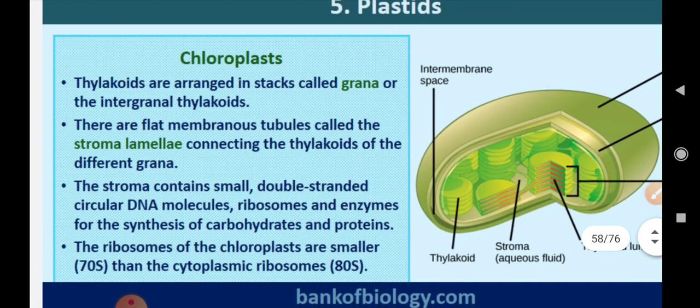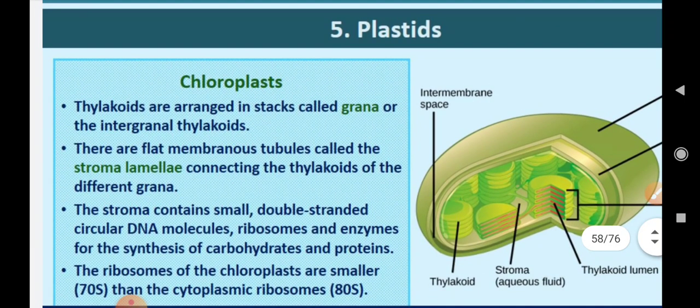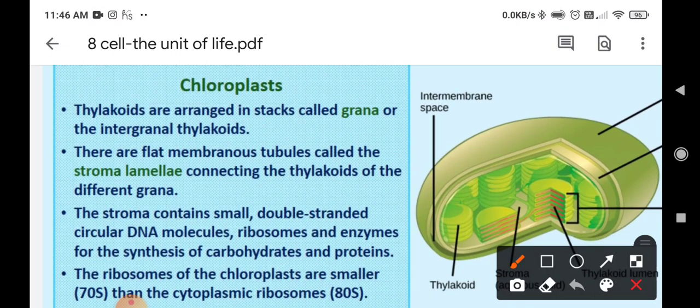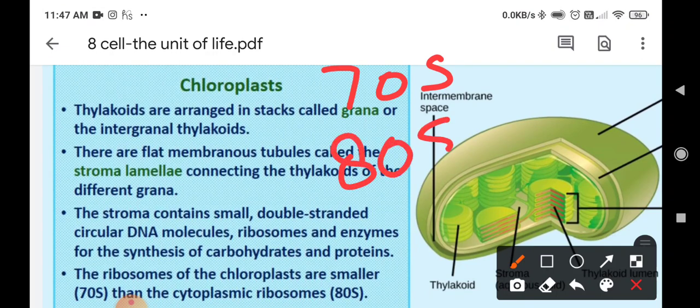The most important thing is ribosomes. Ribosomes are 70S type. Just remember that the chloroplast contains ribosomes which are 70S type, but in the cytoplasm of the plant cell, the ribosomes found are 80S type.